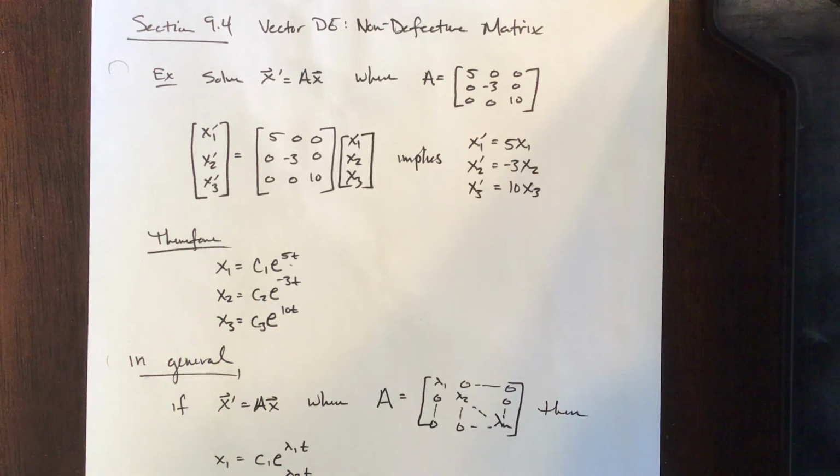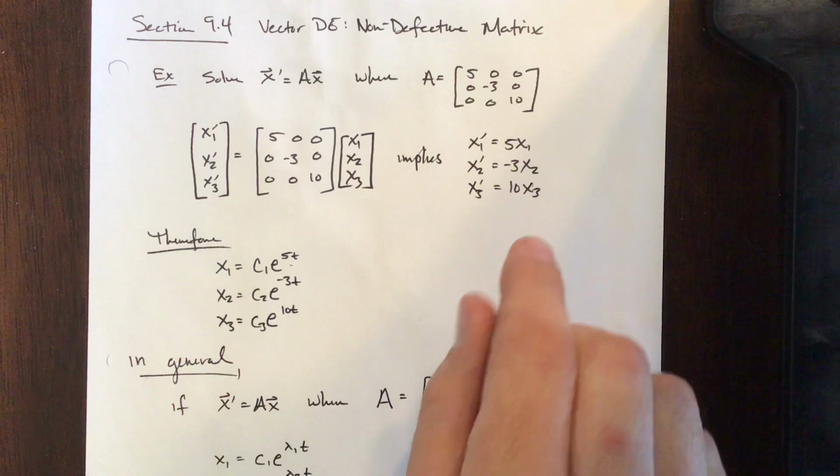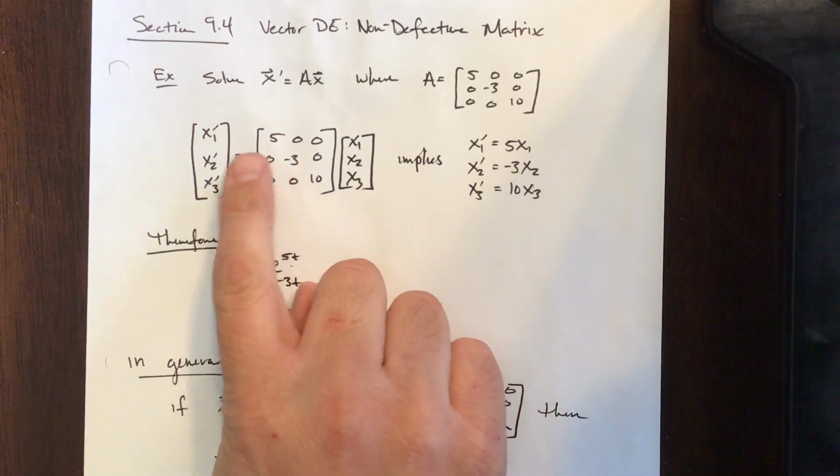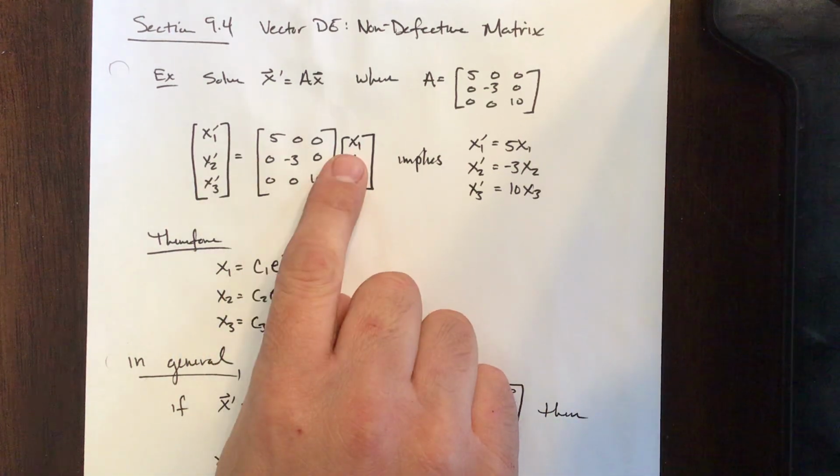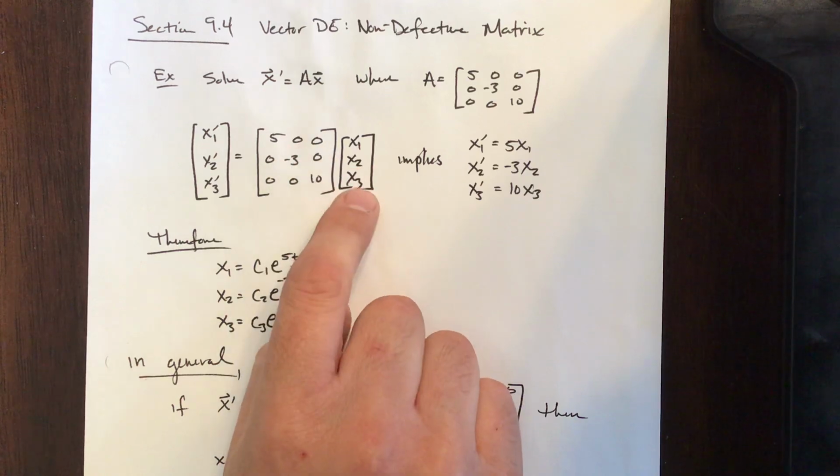So 5, -3, 10 along the diagonal, zeros otherwise. If we were looking to solve the system of differential equations for this, what would it look like? Well, x1 prime would equal 5 times x1 plus 0 times x2 plus 0 times x3.